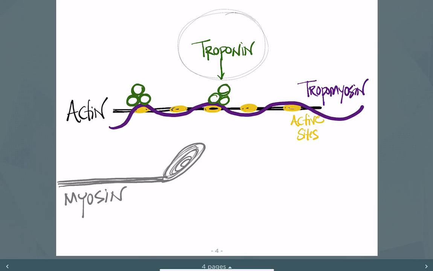There is an isoform of troponin in skeletal muscle, and that is that critical protein that can bind to calcium and pull tropomyosin off of actin to reveal the active site to allow myosin and actin to interact. So that same troponin molecule, there are specific isoforms of troponin in the heart. So this would be a protein that normally lives inside of the heart and should not be circulating in the blood.